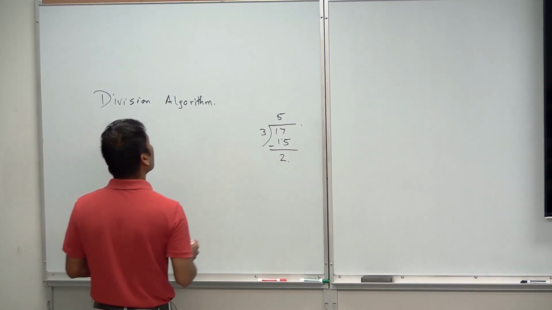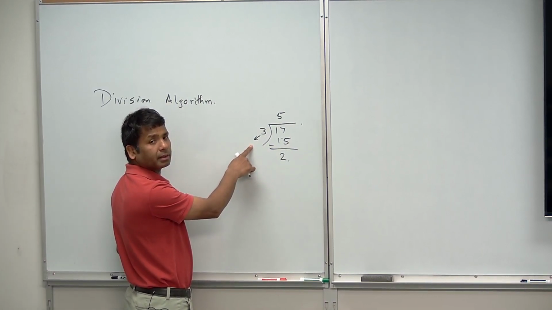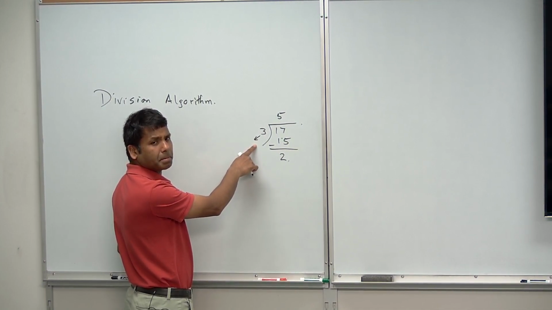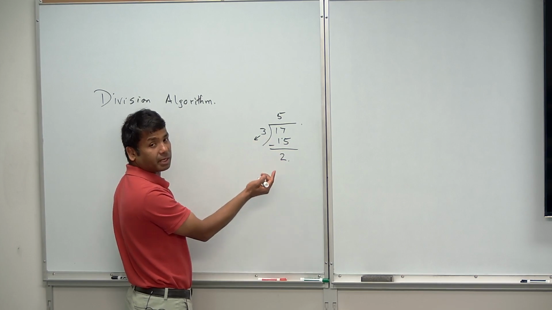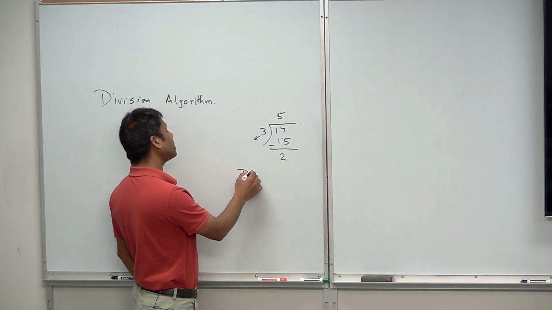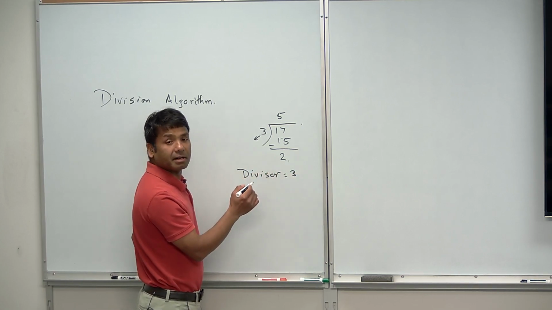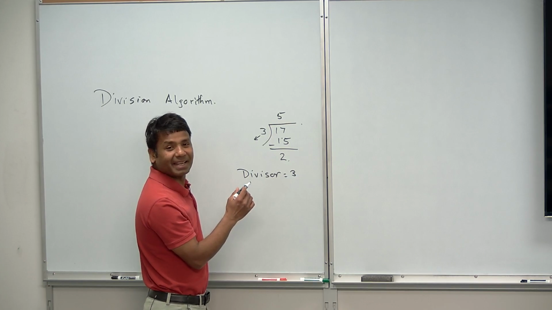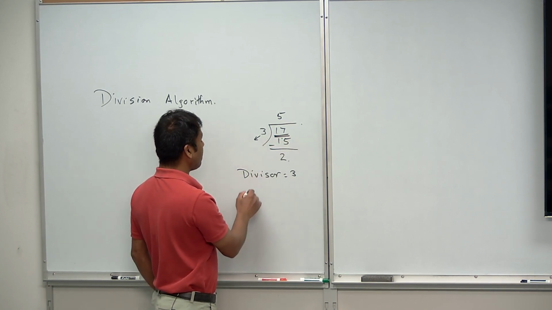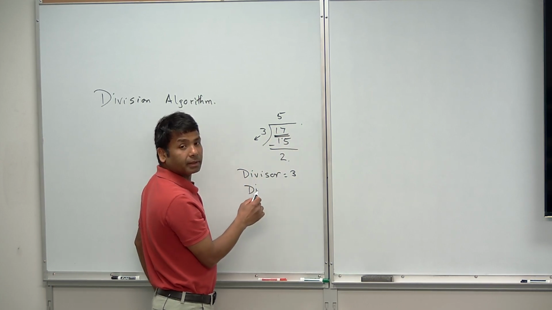Do you know what the 3 is called, or what it represents? It is the divisor. Divisor is 3. And what is 17 called?